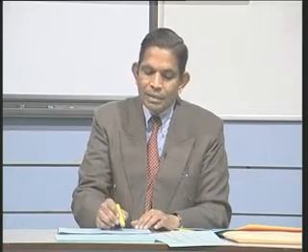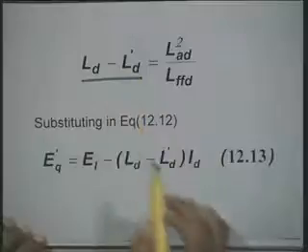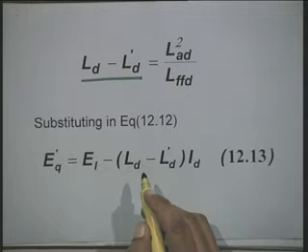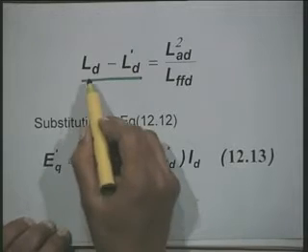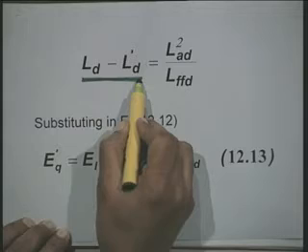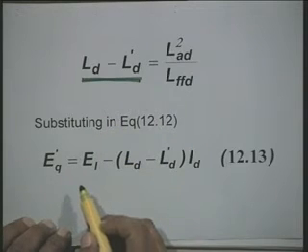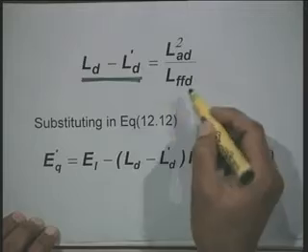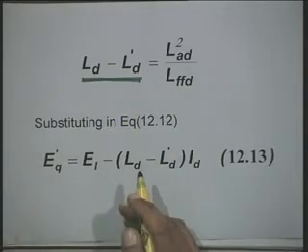This term, which is the coefficient of Id, has been identified as the difference of the direct axis inductance minus the direct axis transient inductance. In fact, this I shall establish in my next lecture, that is Ld minus Ld prime comes out to be equal to LAD square upon LFFD. This derivation is to be done separately.